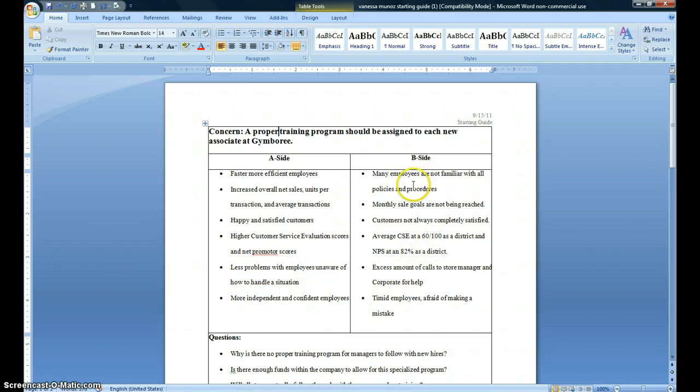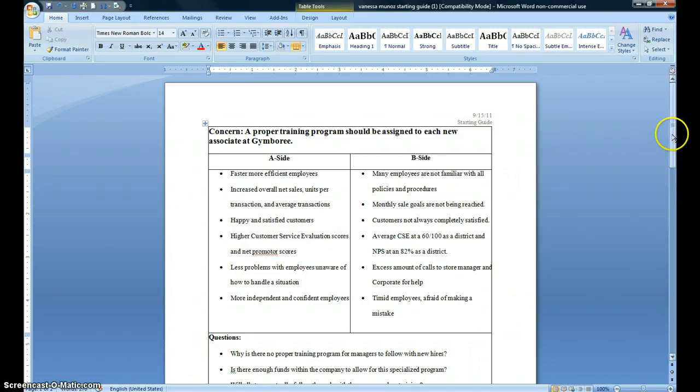Now, the B side: many employees are not familiar with the policies, monthly sales goals are not being reached, customers not always completely satisfied, and that's getting lower in the district. There's a lot of calls to store managers, and there are timid employees afraid of making a mistake. So this actually is an excellent dissonance, but her concern shouldn't be stated in the form of a solution. Should be there's problems with the current training program.